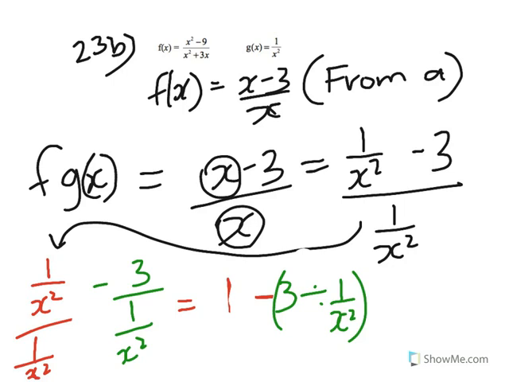So this simplifies to 3 divided by 1 over x squared, which is nothing but 3x squared. So it simplifies to 1 minus 3x squared. And so f of g of x is equal to 1 minus 3x squared.